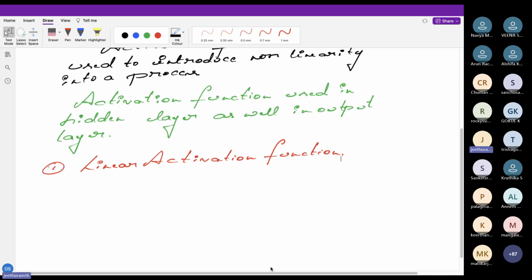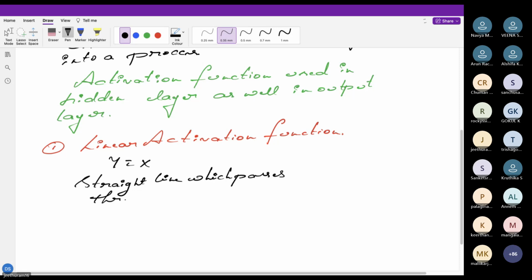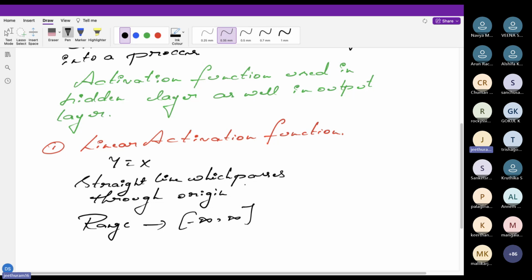Whenever it's a regression problem, usually we use it, because it can learn only a linear pattern. It cannot handle non-linearity. So the linear activation function is a straight line which passes through the origin. The range is minus infinity to plus infinity. It can take any positive or negative values.